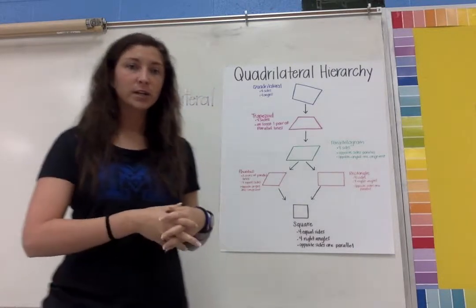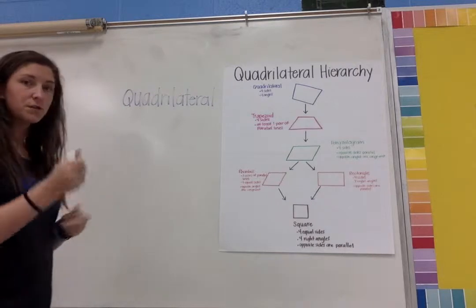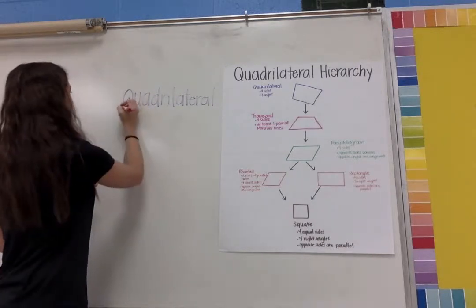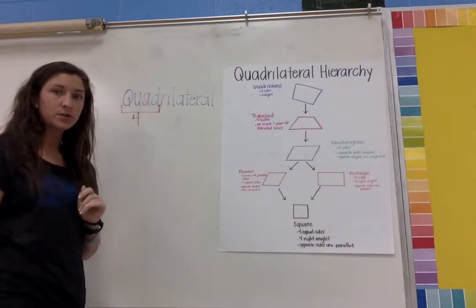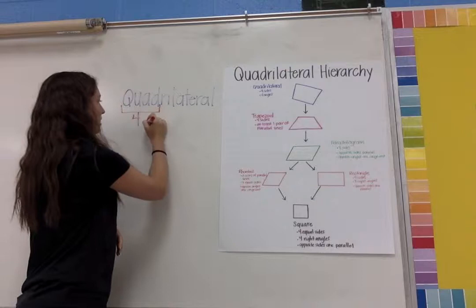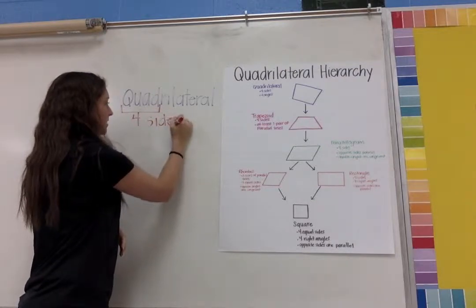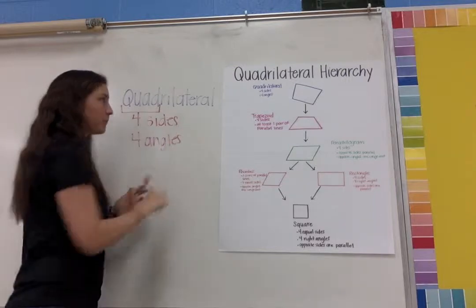It is important to know that the first four letters, Q-U-A-D, mean four. So a quadrilateral is any shape that has four sides and four angles.